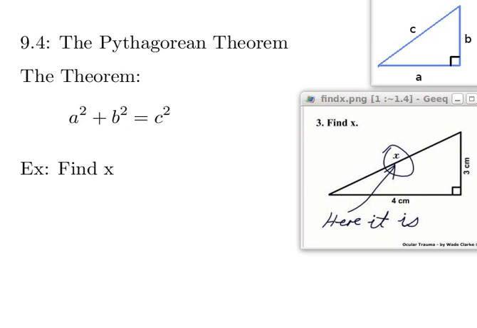Okay, so what we're going to do is we're going to take what we know and put it into the theorem. So let's say we have that A is equal to 4 centimeters. We're going to go ahead and ignore the centimeters for now, just because it's easier to deal with it that way. So 4 squared.